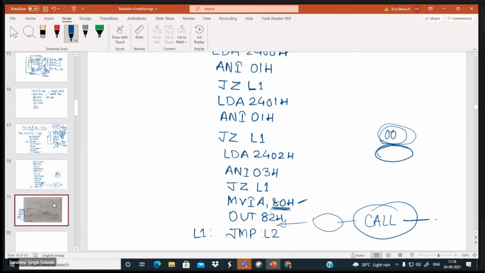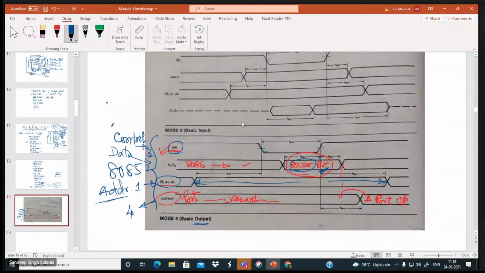I am saying that 80 is being sent out by the 8086 or 8085 over D0 to D7. Now this 80 will get written on the port. What is the port? The port address is 82.